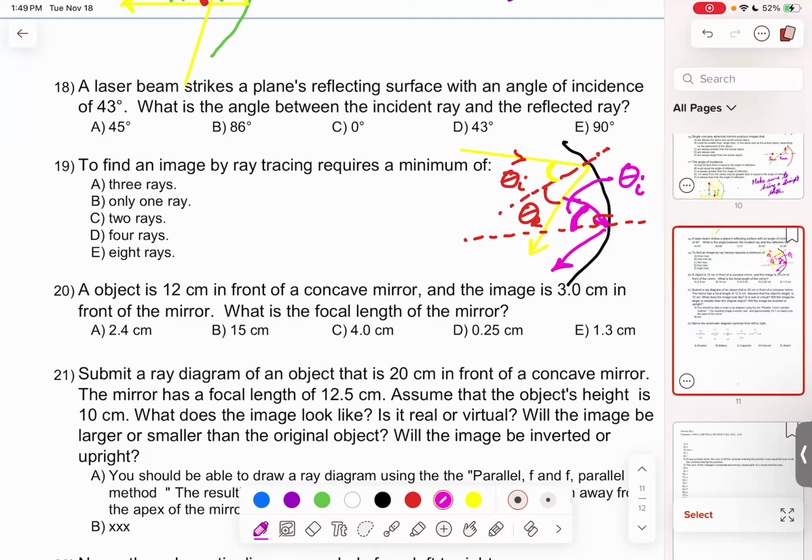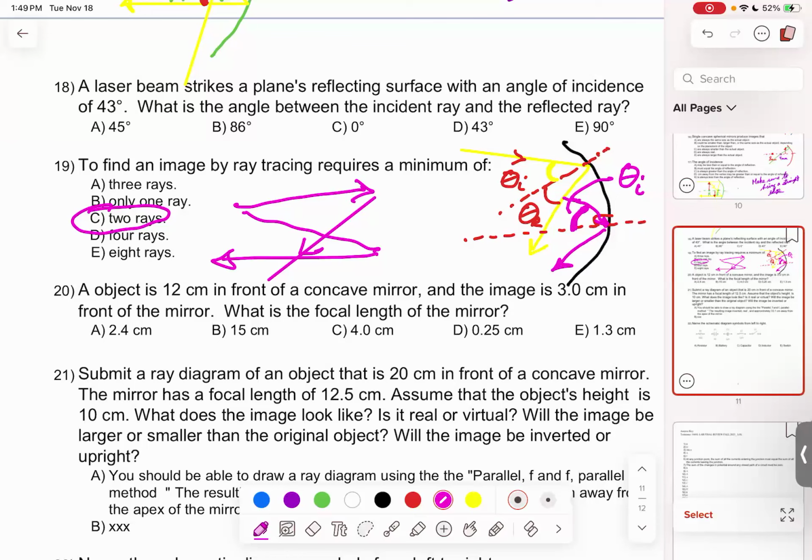Number 19. To find the image of a ray by ray tracing requires a minimum of 2 rays. Okay. And that's the concept that we talked about of going parallel and then through the focus, and through the focus and then parallel.